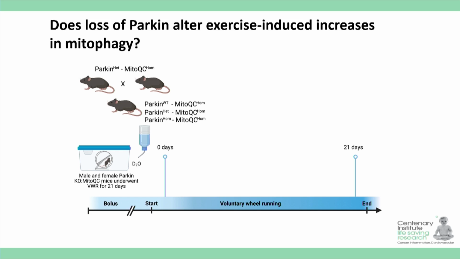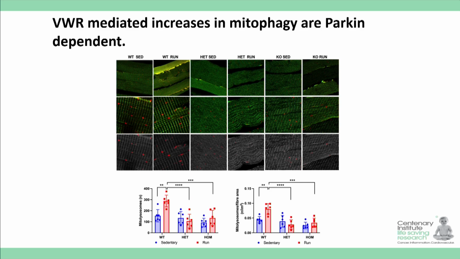So we ran these again for our 21 days with D2O, as I showed you previously. And we're quite excited. If you know any of my work, most of the time things just don't work. So it was quite interesting to see that for once we actually seem to have found something that is critical for exercise adaptation. So we've now got wild type sedentary, wild type VWR, het sedentary, het VWR, knockout sedentary, knockout VWR.